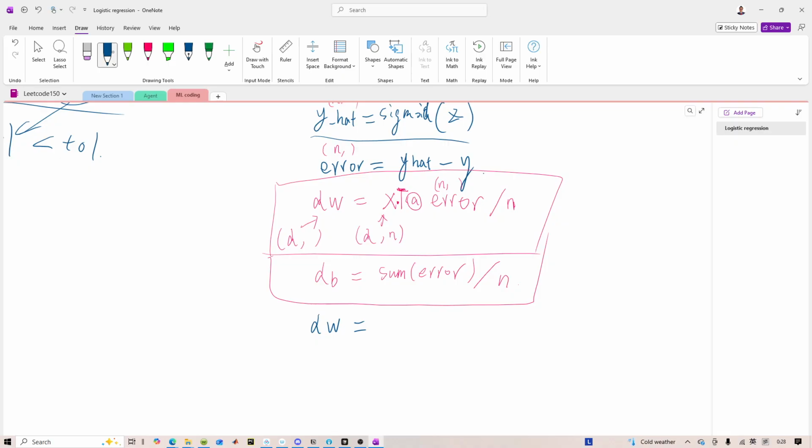Gradient descent, omega equals omega minus LR times d omega. Actually, this is your new omega. And then b is equal to b minus LR times dB. This is updating the weight and bias.